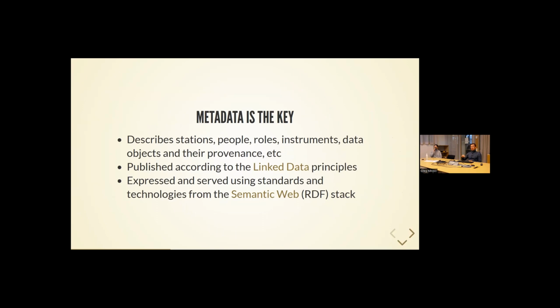Quite a lot, but as an overview, it would be the stations that produce the data, the people that were involved in the work, the roles that the people had, the instruments that were used, and some other details about data objects and also about their provenance. Provenance is basically what was happening to them, how they became like they are. That's what provenance means.